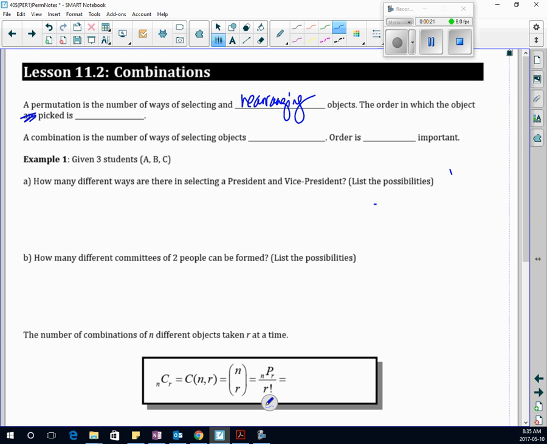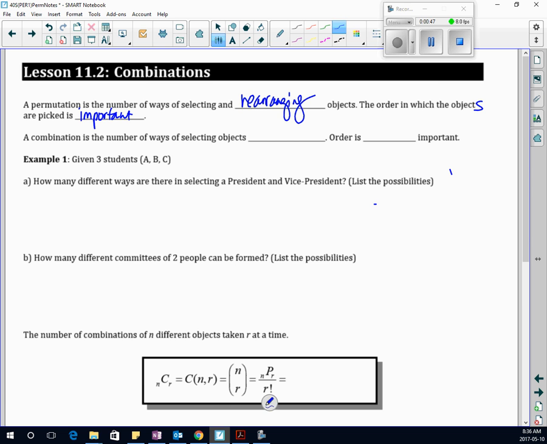Well, is it? Oh, sorry. The order in which the objects are picked is important. That's what I want. Order is important.